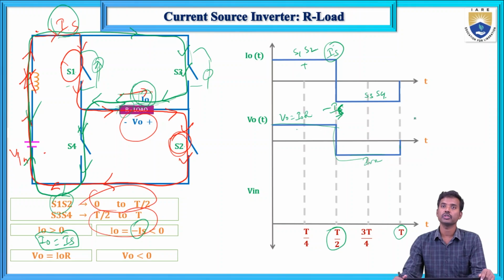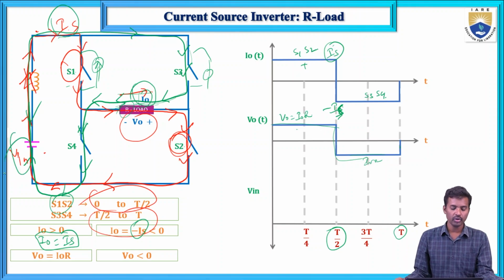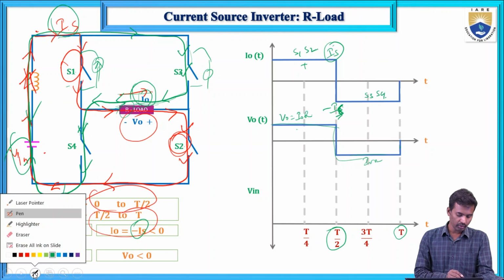S1 and S2 switches will conduct. Now what about the input voltage? If you apply KVL in this loop, the first loop, what will happen? Let me change the color over here.